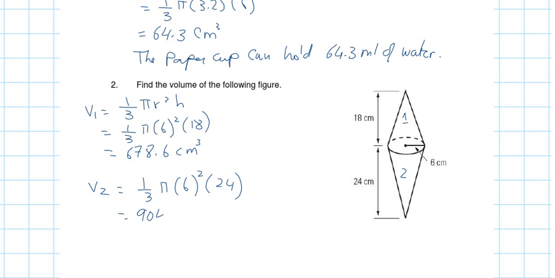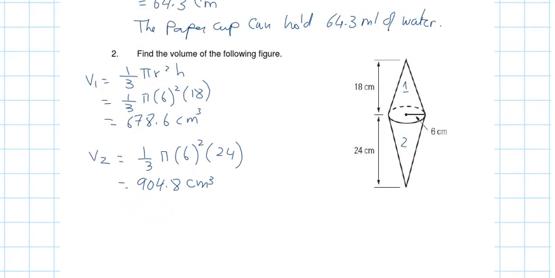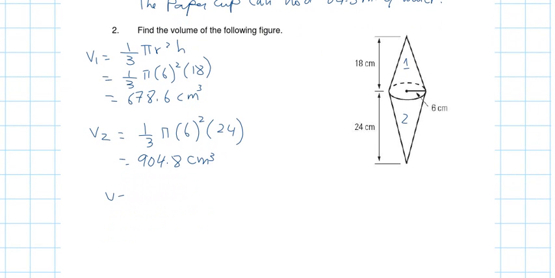So the total volume of the shape is 678.6 plus 904.8, which is 1,583.4 centimeter cube, which is 1,583.4 milliliter, right?